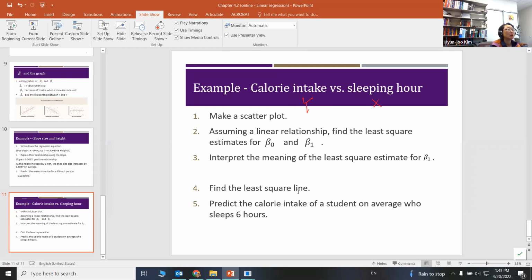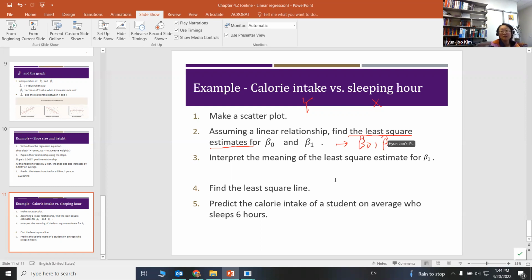And then I will draw a scatter plot. And then for this one, I just use slightly fancier words. So let's look at what I mean by that. Here, the second example, it says, what are the least square estimates for beta naught and beta 1? This means the least square estimates of beta naught and beta 1 are beta naught hat and beta 1 hat.